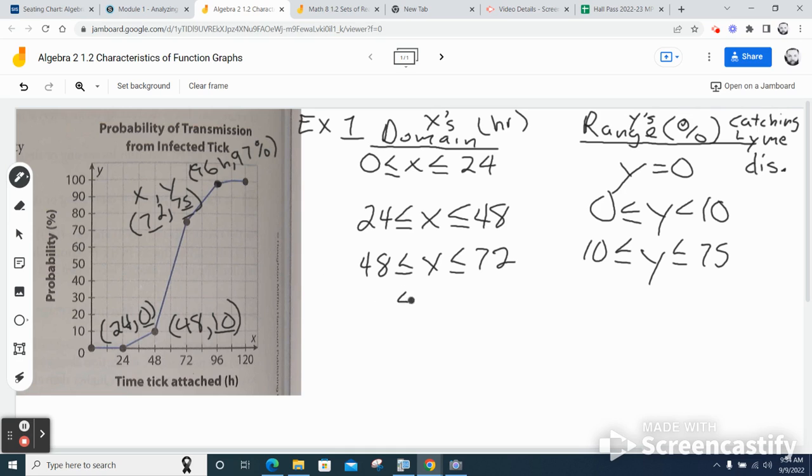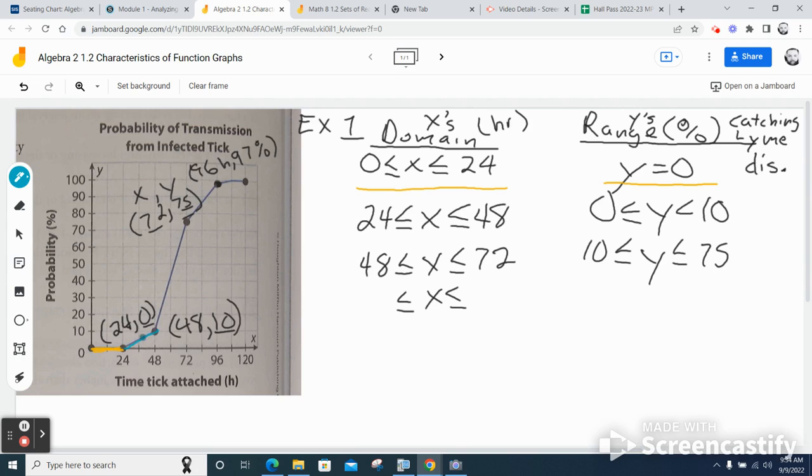So we focus on the x's, right? What's the lower bound? And what I'm really doing is, let me go back and label some of these things. From here to here is this stuff. Let me change the color.